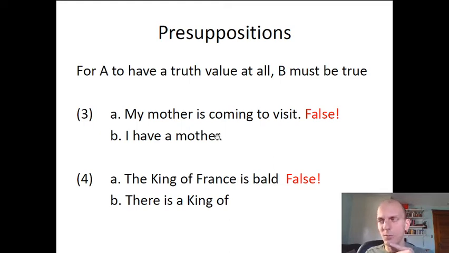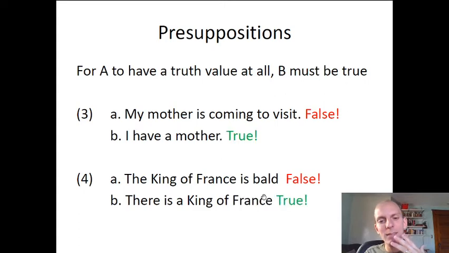I do. She's just not coming to visit, right? For it even to make sense that "my mother is coming to visit" is a false sentence, I still have to have a mother. Or if I assert, the King of France is bald, and you say, false, the King of France is in fact not bald.